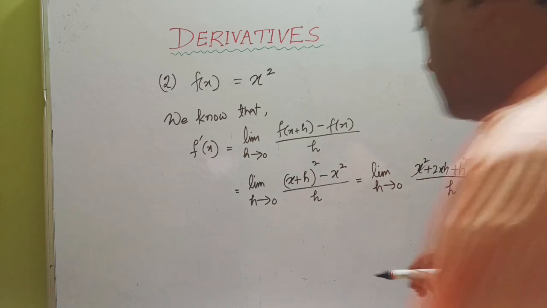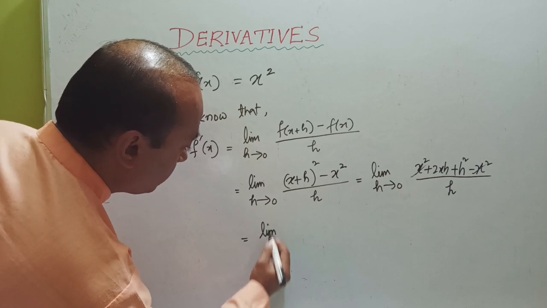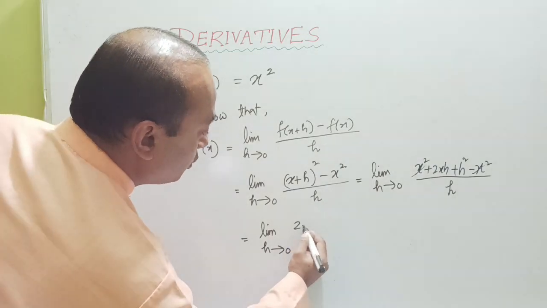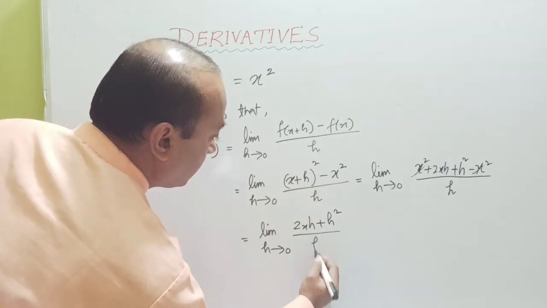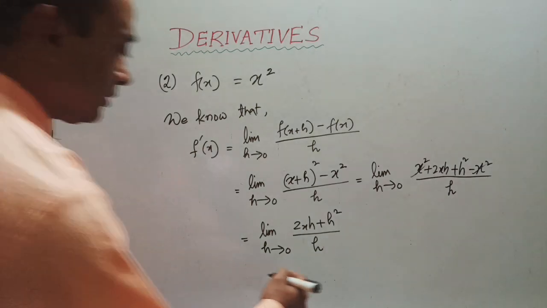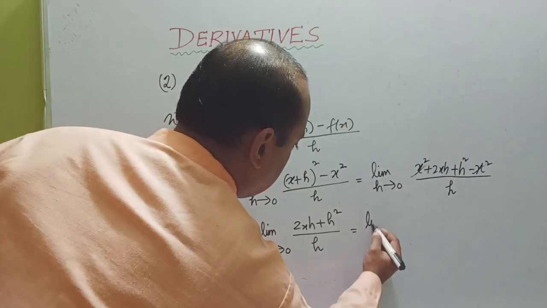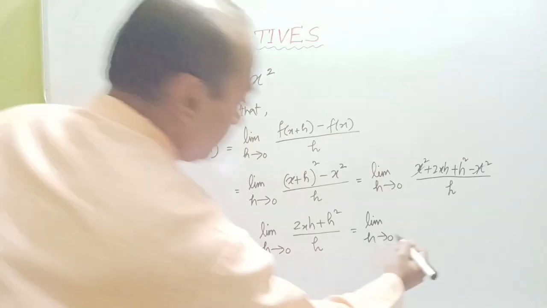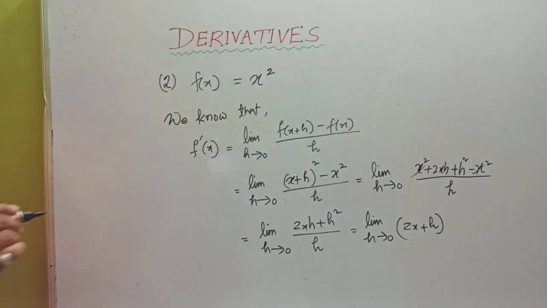What is left in the numerator? Limit of h tends to 0, 2xh plus h square by h. If you divide individually, this h will divide the numerator, so we will be left with limit of h tends to 0, 2x plus h, right?